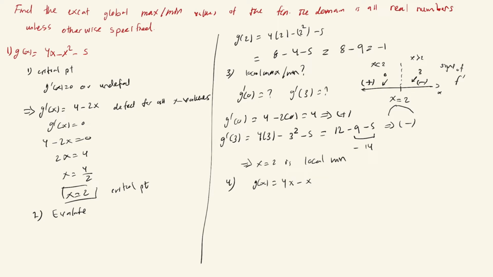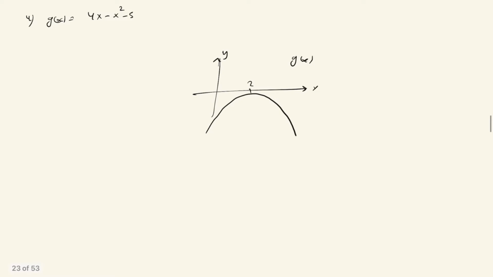Now, the fourth step is to determine the behavior of the function g of x at the endpoints. So notice the function is a downward facing parabola. Remember, at x equal to 2, we have a local maximum.